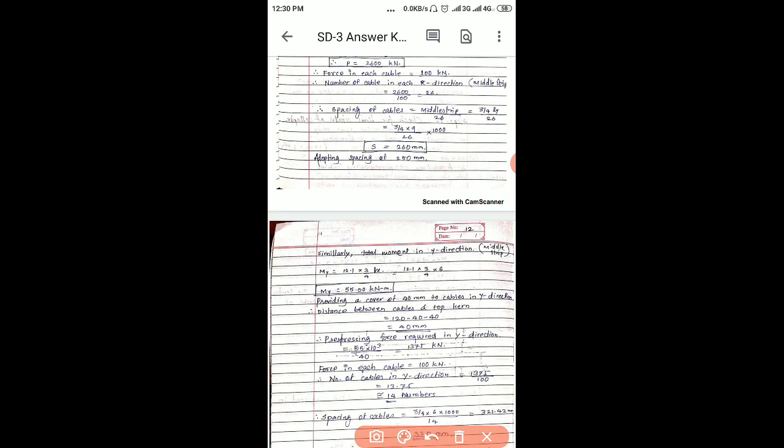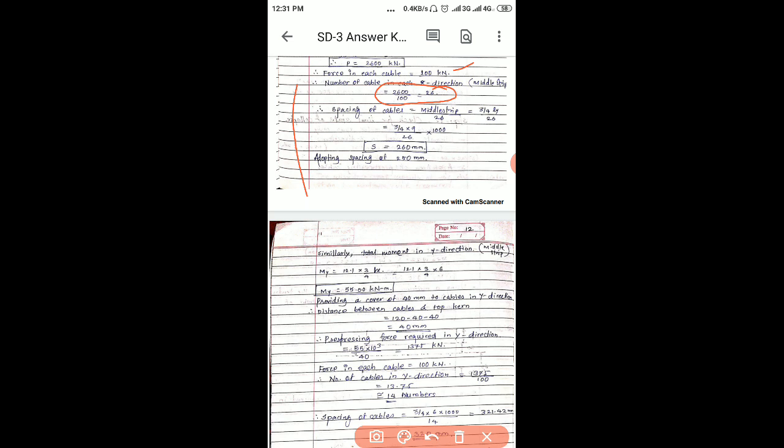Then we'll calculate the spacing of the cable, that is, the number of cables in x direction in the middle strip: total pre-stressing force divided by force in each cable, that is 2600 divided by 100 is 26. So 26 cables are there in the x direction, and we'll calculate the spacing between the two cables.